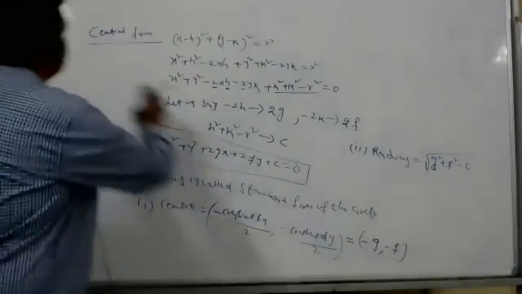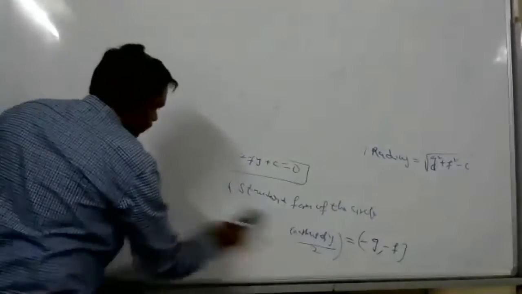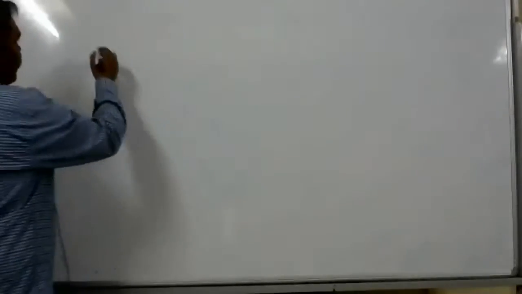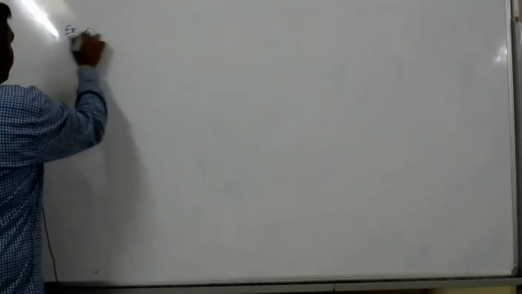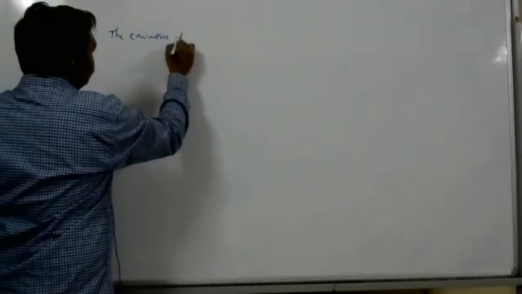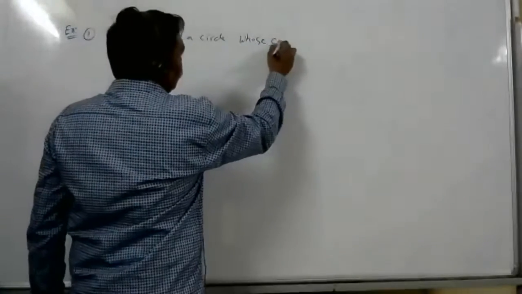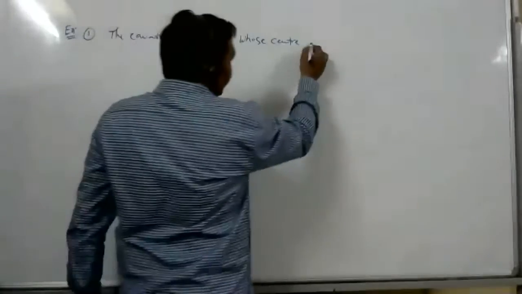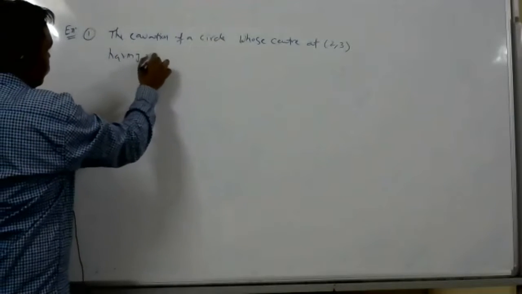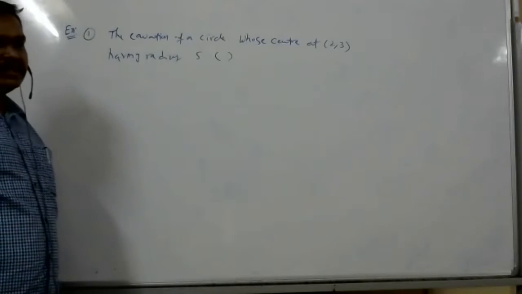Next, examples. First problem: the equation of a circle whose center is at 2 comma 3, having radius 5.